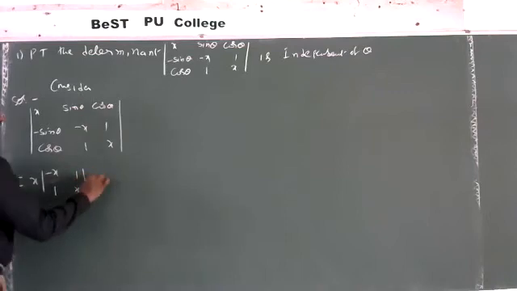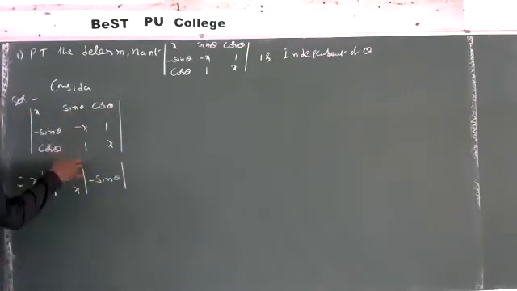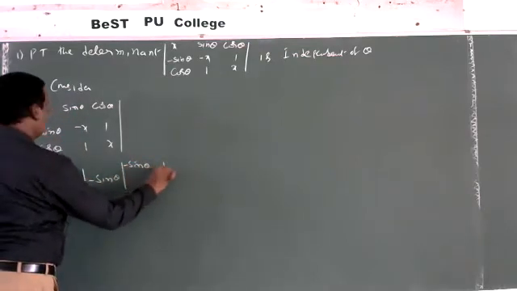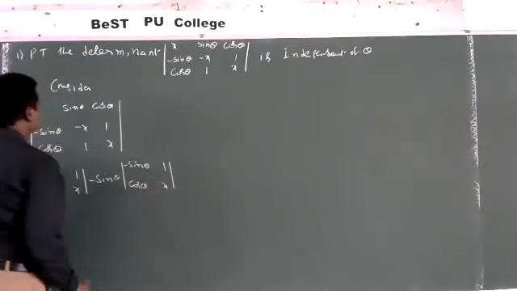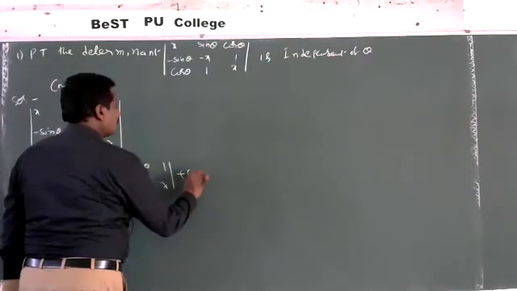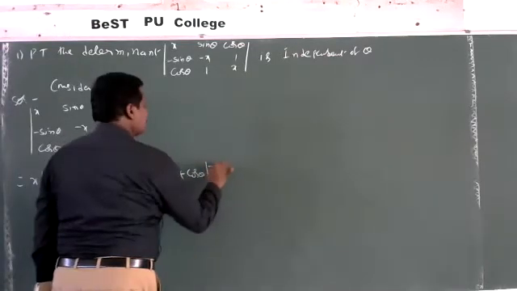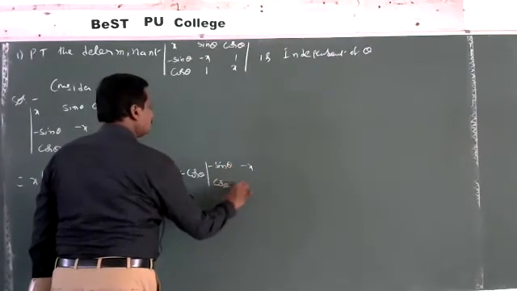Next, minus sin theta into the determinant left after removing second column and first row, minus sin theta 1, cos theta x, plus cos theta into the determinant minus sin theta minus x, cos theta 1.